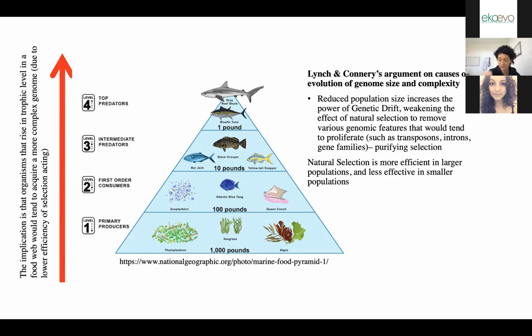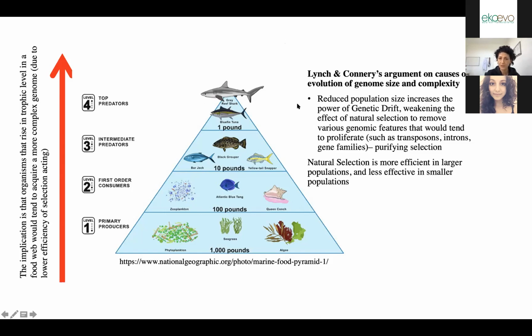So it's not totally right, but the main conclusion, I can say, is this. According to the conclusion, when you go up the trophic level, effective population size decreases. When effective population size decreases, the effect of natural selection decreases and the effect of genetic drift increases. Because of that, we have a lot of non-coding, useless junk DNA in our genome, is what they said.